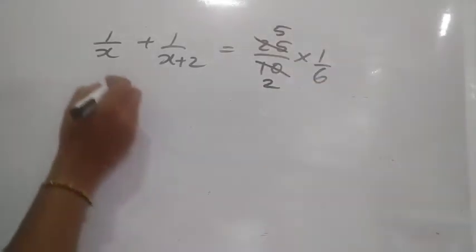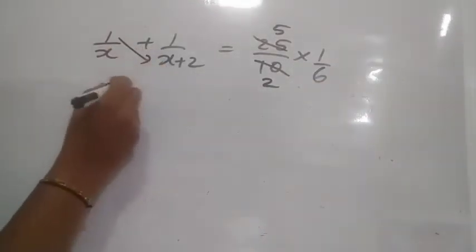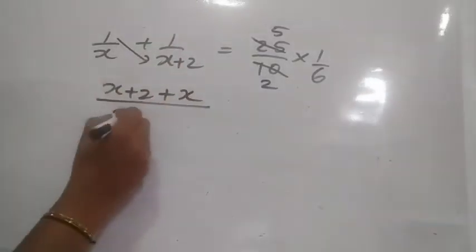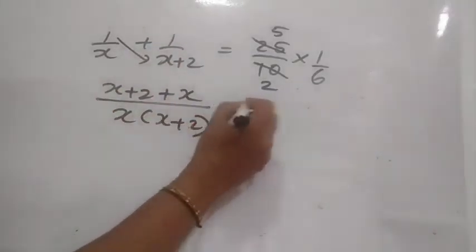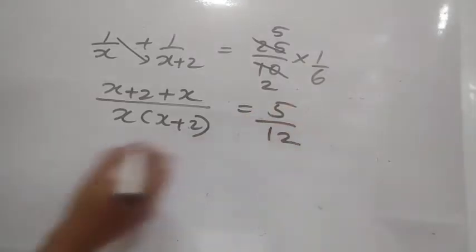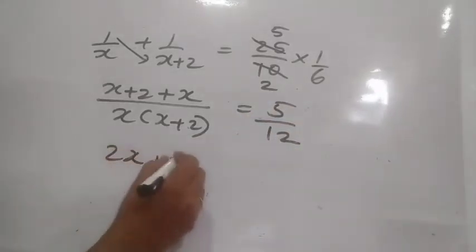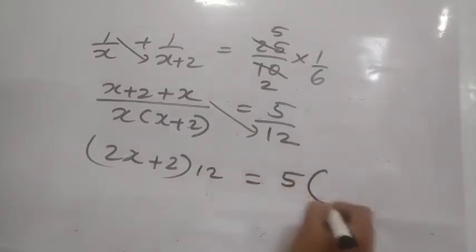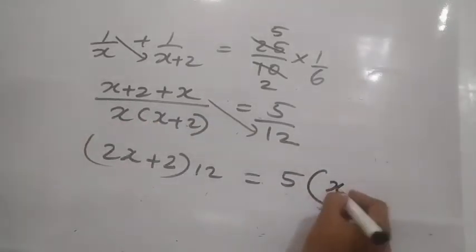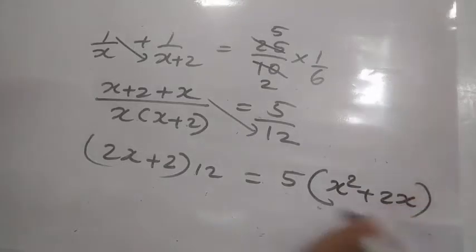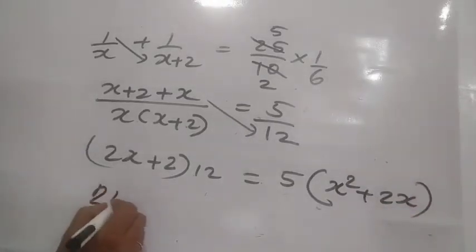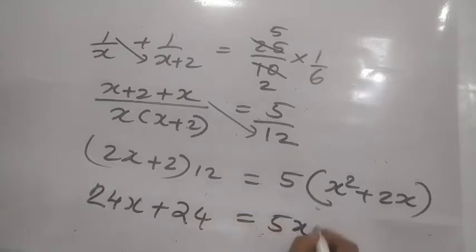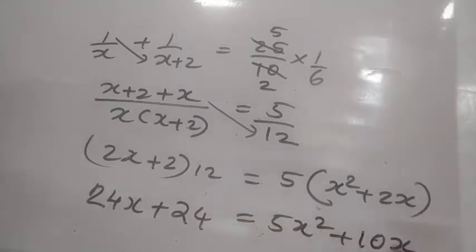Cross multiply: x plus 2 plus x, divided by x into x plus 2, gives 5 by 12. 2x plus 2 into 12 gives 5 into x square plus 2x. Simplify this. 24x plus 24 gives 5x square plus 10x.